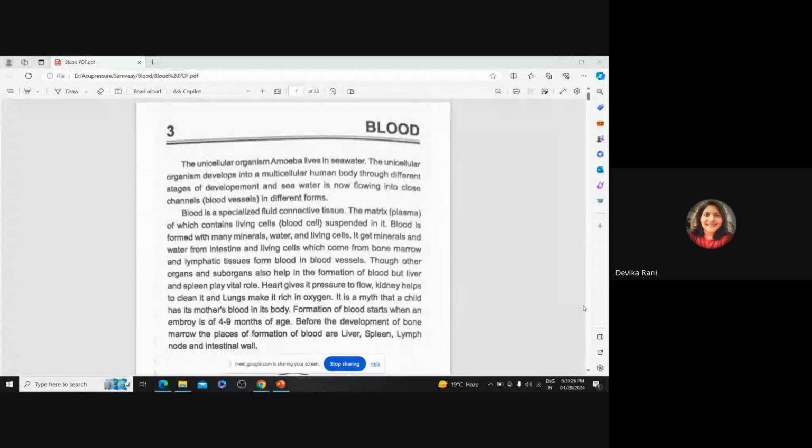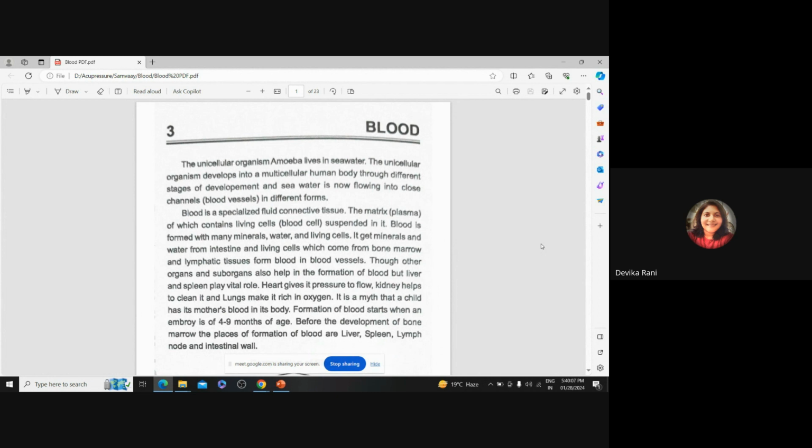So we all have done the chapter of cells, and we know that for cells to function, they require oxygen and nutrition. So our body in total requires nutrition and oxygen to function properly. When we talk of a body as a whole, there are different cells in different parts of our body, and this nutrition, oxygen and other elements need to reach different places within our body.